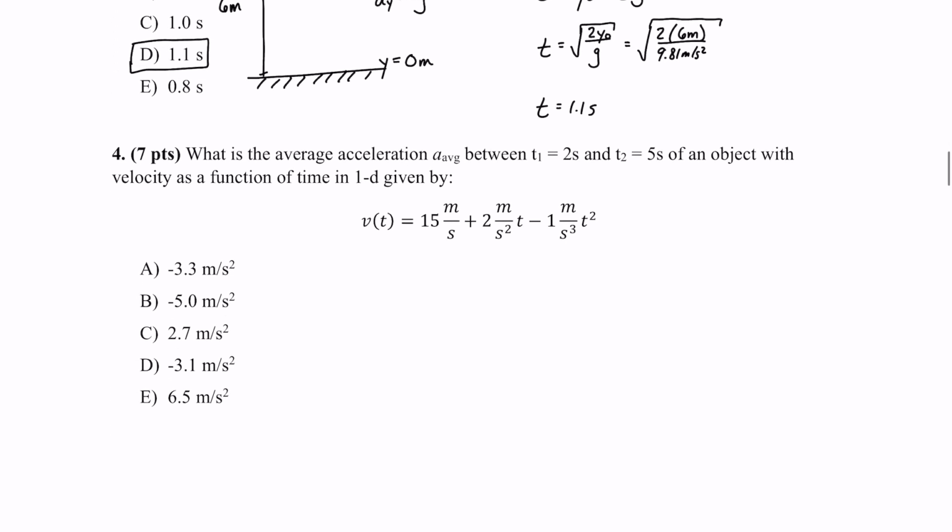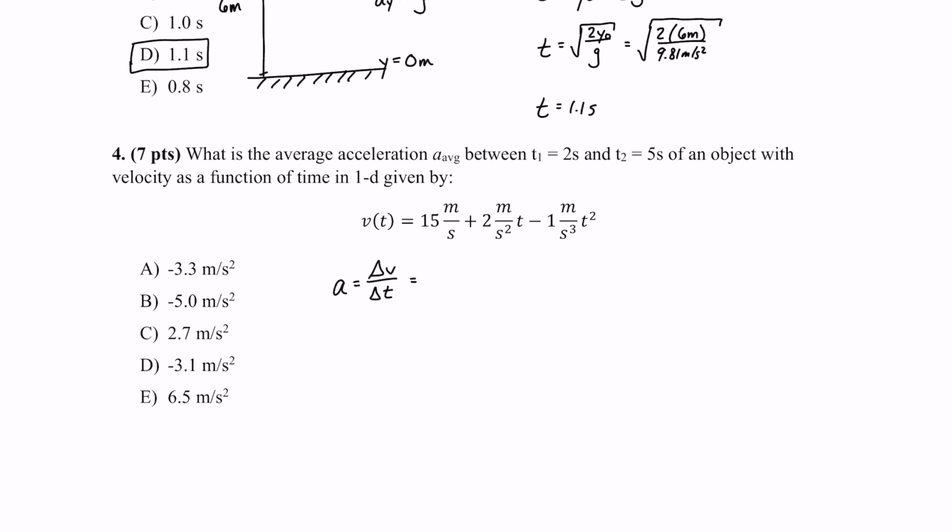Problem 4 says what is the average acceleration between time 1 equals 2 seconds and time 2 equals 5 seconds of an object with a velocity as a function of time given by the equation shown. The equation for average acceleration is change in velocity per change in time.